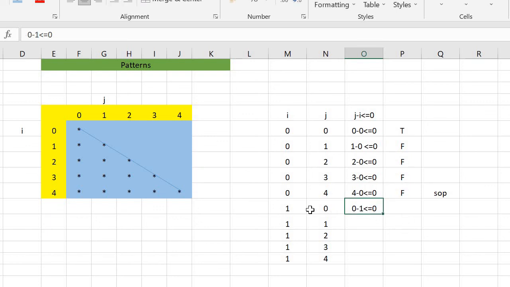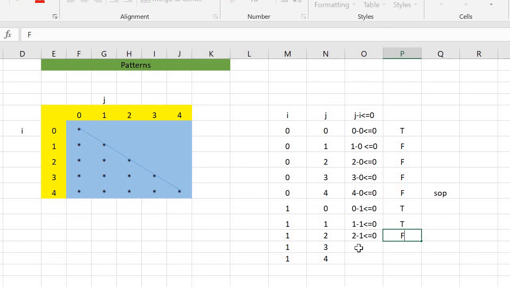So coming back to this over here, 0 minus 1 is minus 1. Minus 1 is less or equal to 0. That is, the condition is true. Therefore, it will print an asterisk over here. Again, 1 minus 1 is less or equal to 0. That is true because 1 minus 1 is 0. So the condition is true. Next, move on over here. 2 minus 1 is less or equal to 0. 2 minus 1 is 1, and 1 is neither less than nor equal to 0.